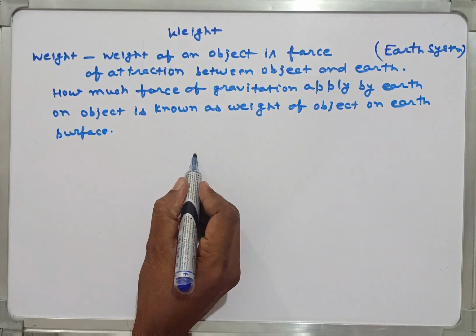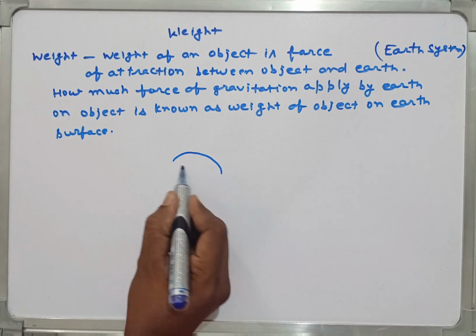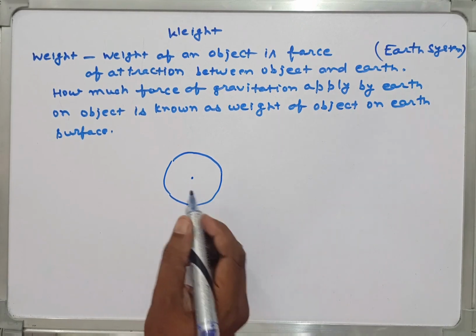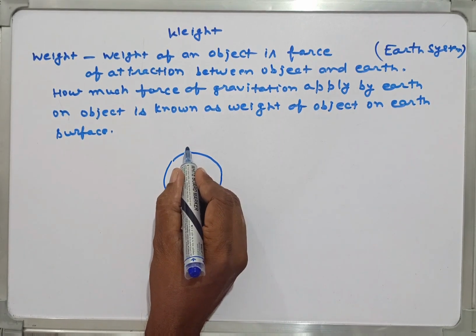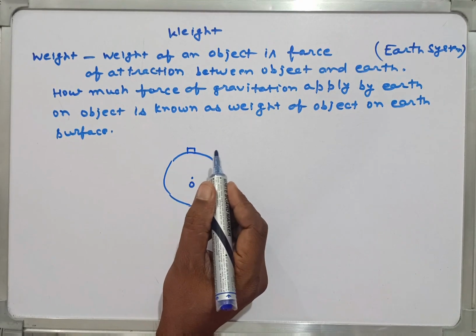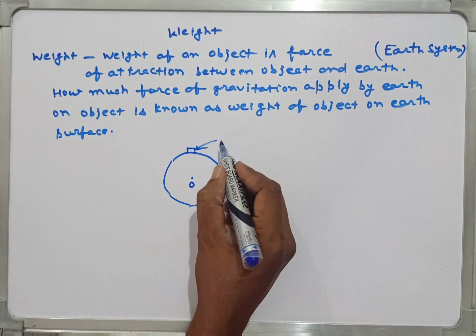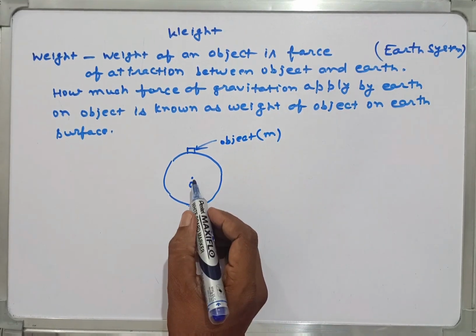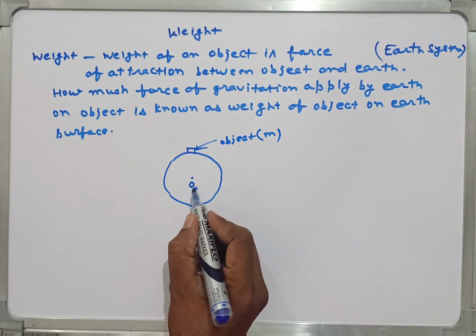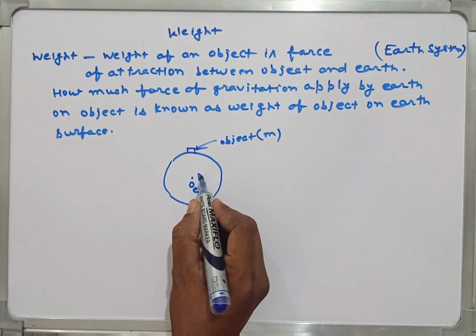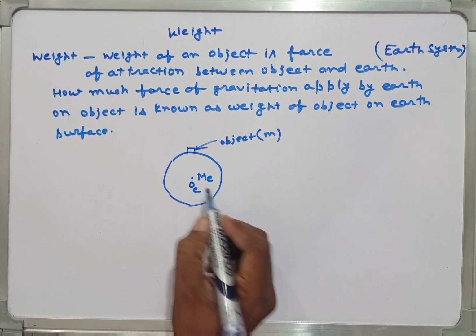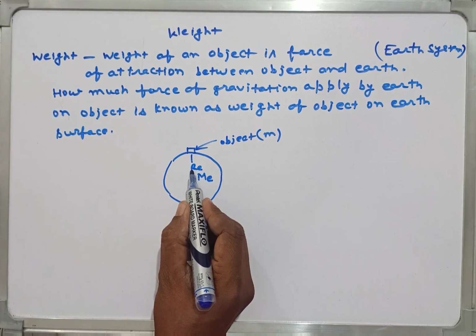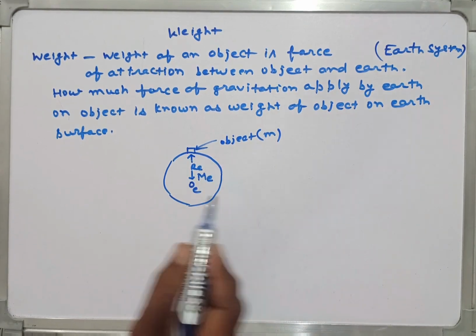Guys, see, suppose this one is the earth, and this one is the center O, and this one is an object whose mass is, say, m. Here the center of earth and the mass of earth is me, and the radius of earth is, suppose, re.